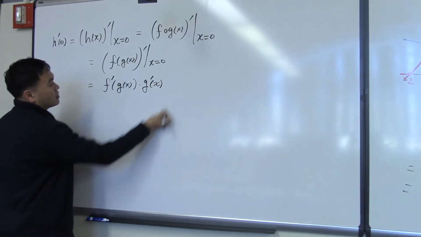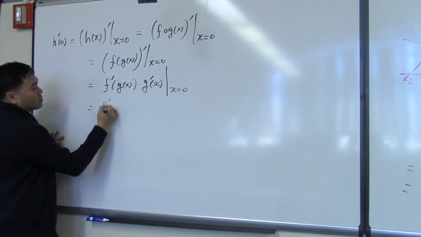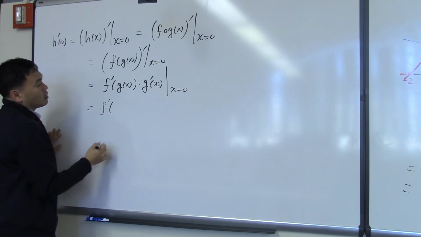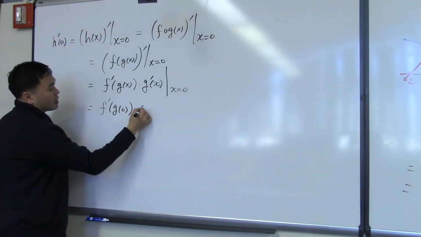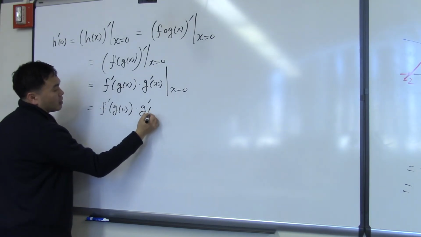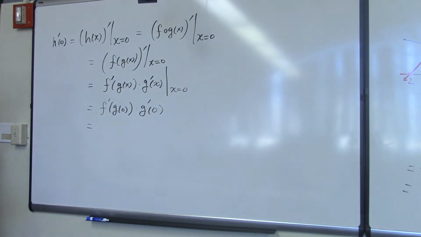And then you plug in x equal to 0. So f prime of g of 0 is what we're looking for, times g prime of 0 is what we have to do. What's g of 0?